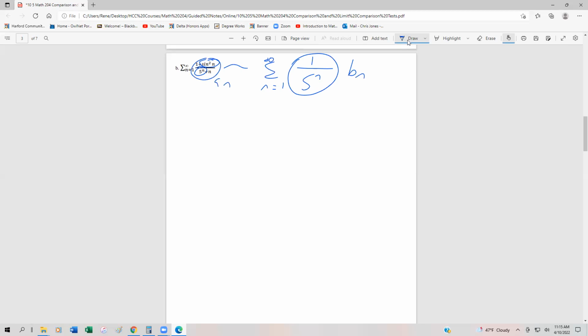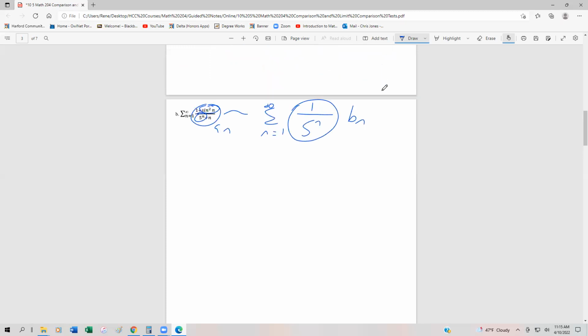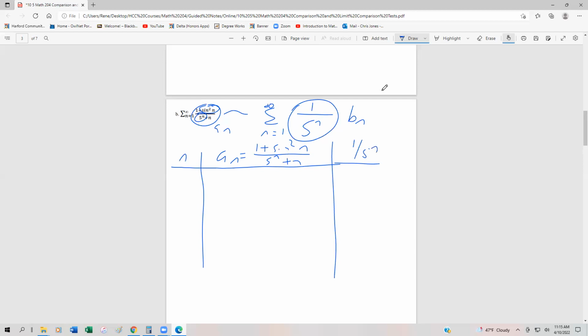What we're going to do is go through and look at what we did before. We have a sub n equal to 1 plus sine squared of n divided by 5 to the n plus n, and then 1 over 5 to the n, which is our b sub n.